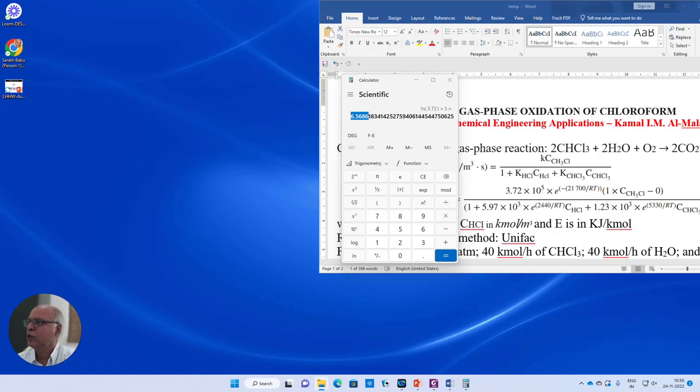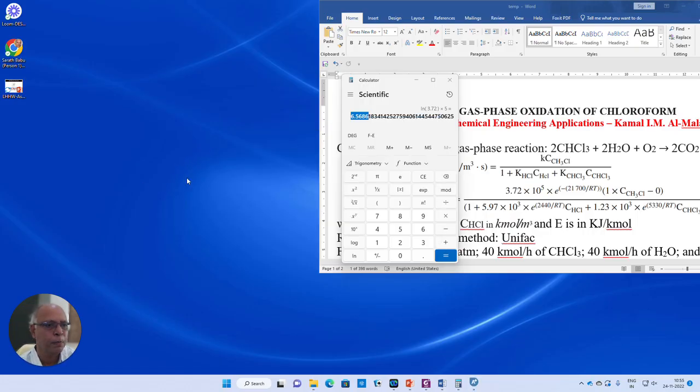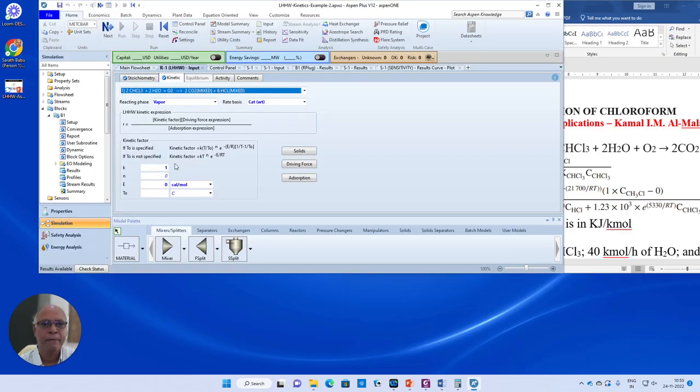I'll continue from the saved file now onwards, because we don't have to restart from the beginning. Please bear with me. Again, opening that file. Let me go into the adsorption term.